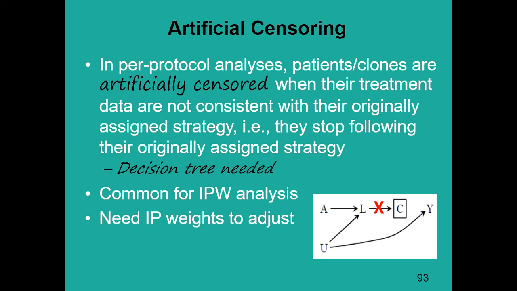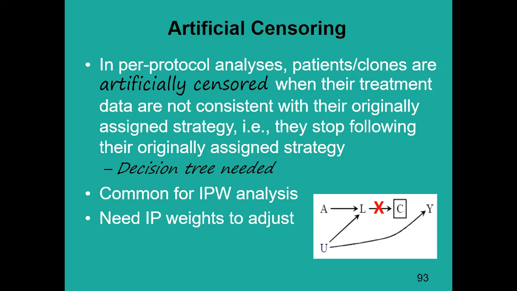This graph shows why we want to use inverse probability weighting to eliminate selection bias resulting from artificial censoring.